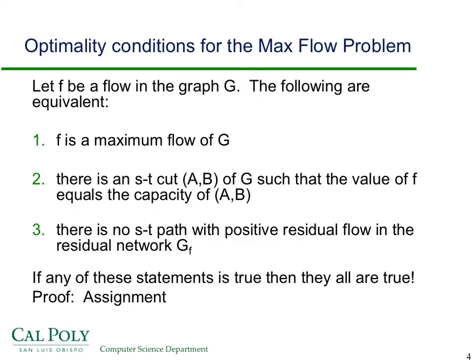And the optimality condition that we will enforce throughout the execution of the algorithm is number 3 here. There is no ST path with a positive residual flow in the residual network.